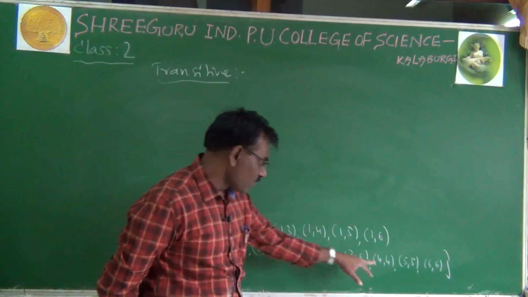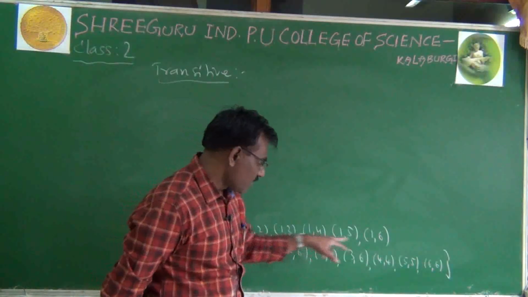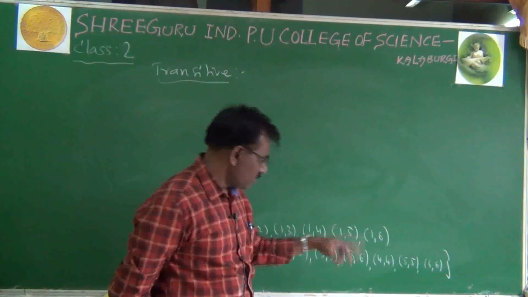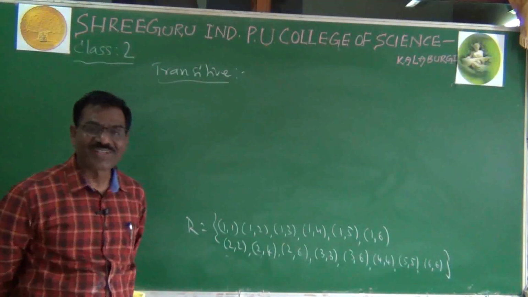Next 1 4 4 4 1 4, no problem. 1 5 5 5 1 5. 1 6 6 6 1 6. Then what is this called? Transitive.